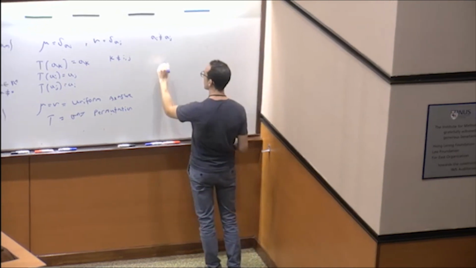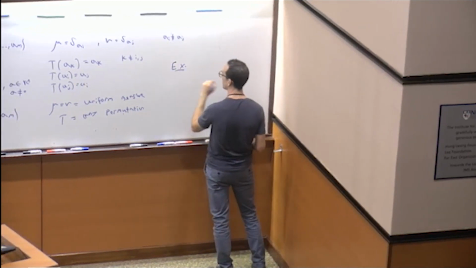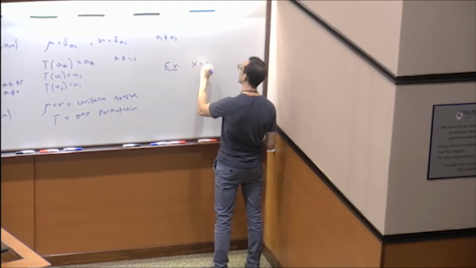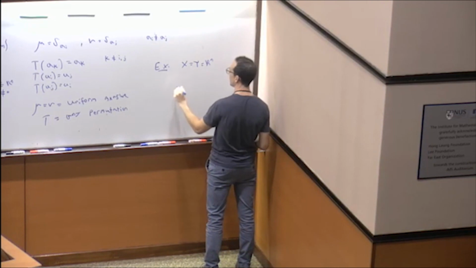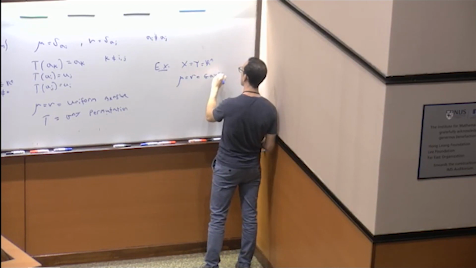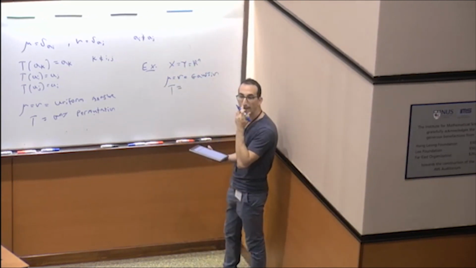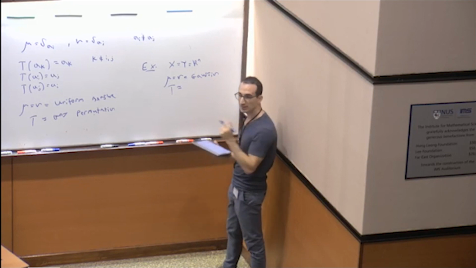Maybe an example which is of a similar nature is we can take x equal y equal to Rn, and let's take mu and nu to be the standard Gaussian, and then we can take T to be a rotation.